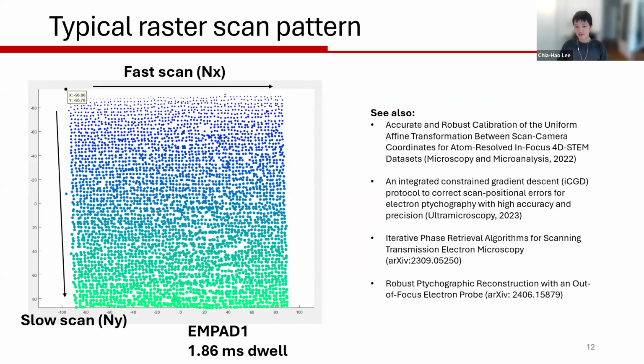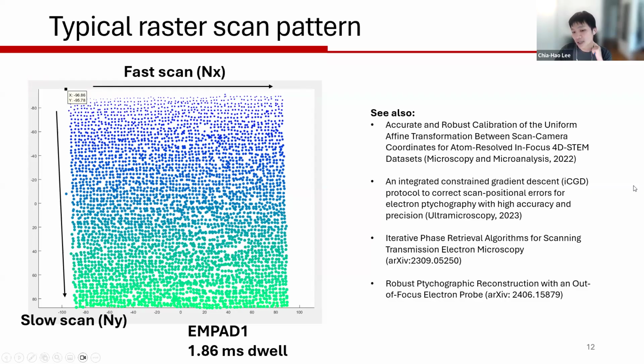These numbers can be tricky to get, and there's a very handy feature in py4DSTEM that allows you to determine the relative scan rotation if you have a dense sample 4D-STEM dataset in real space. But just saying, here are the good references. You should definitely check them out.